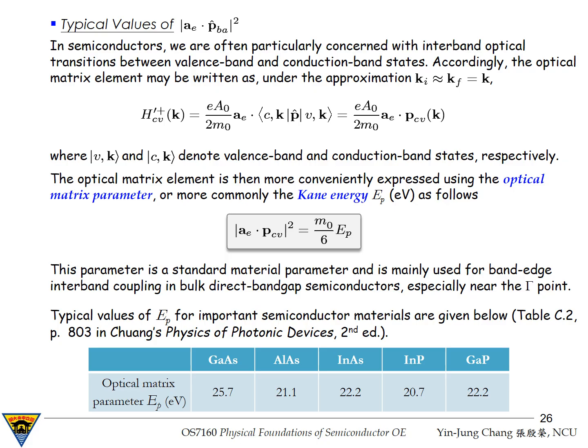Now I want to emphasize the range of validity of this parameter. The K energy EP is mainly a band-edge interband coupling parameter. It is most meaningful near the gamma point in bulk direct bandgap semiconductors, where the conduction band edge is mainly S-like and the valence band edge is mainly P-like.